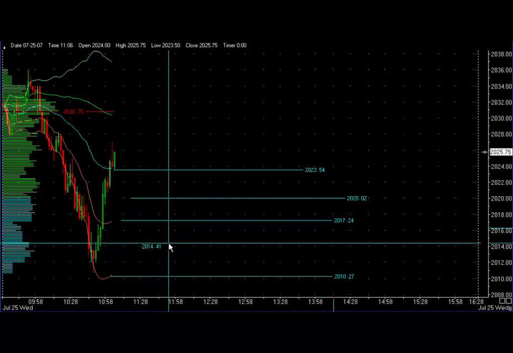So he's been in the trade 10 minutes. Not too bad. Skew is to the downside, and there's every reason for him to believe that the market will head back down again.